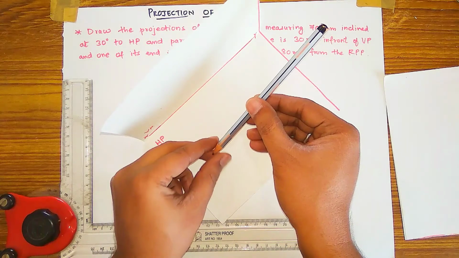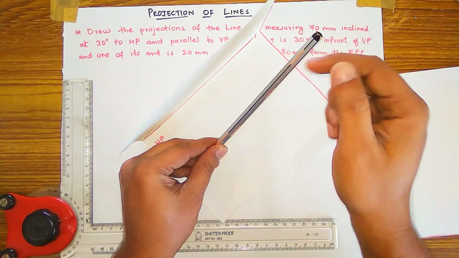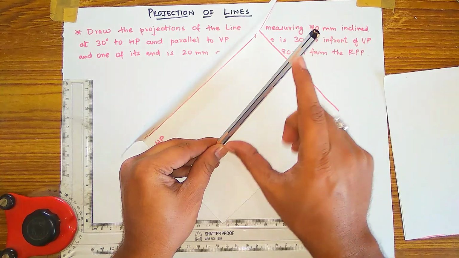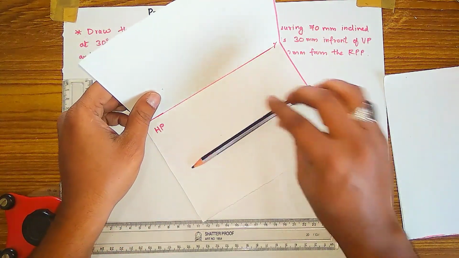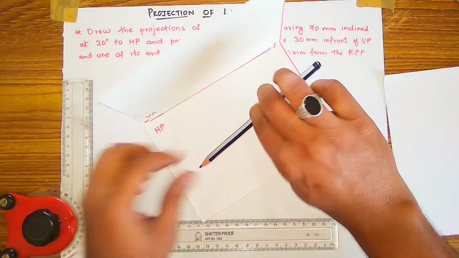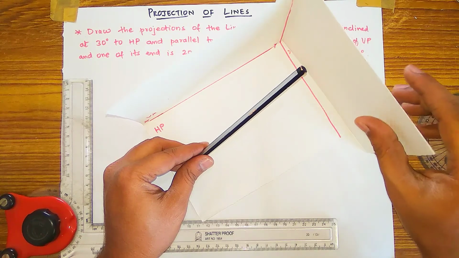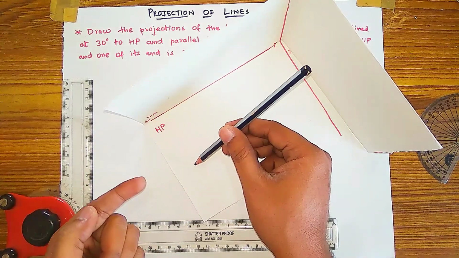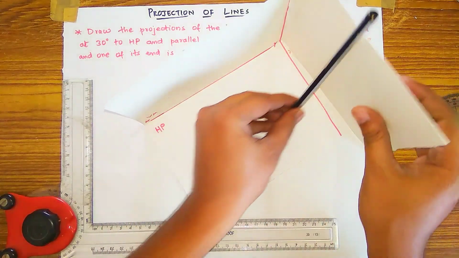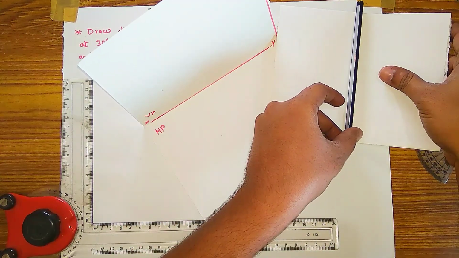And if you see this line from the top, the projection of this line will be like this on HP. Then if you see it in the right profile plane, means if you see this line from the left, the projection of this line will be straight like this on the right profile plane.